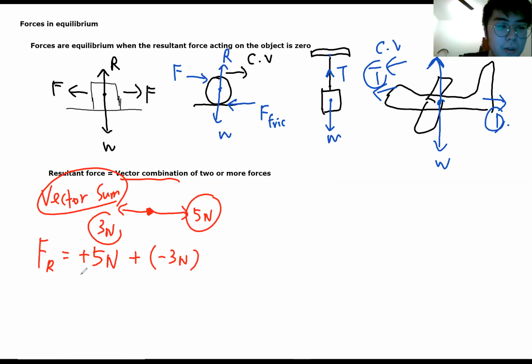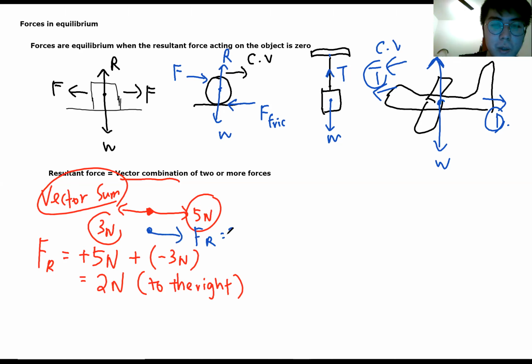Then you get 5 minus 3 equals 2N. So this one you have to label to the right. Resultant force is acting 2N to the right. So if you want to sketch it out like this, FR equals 2N.